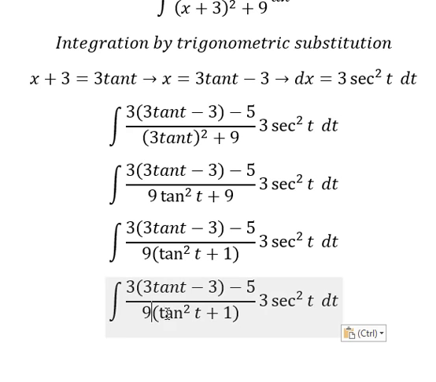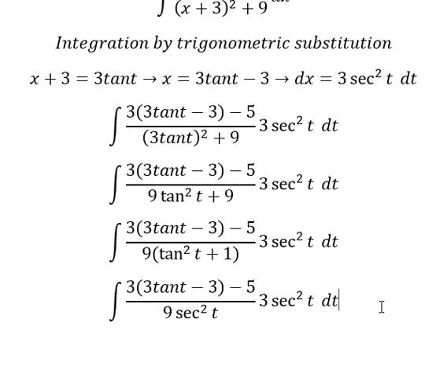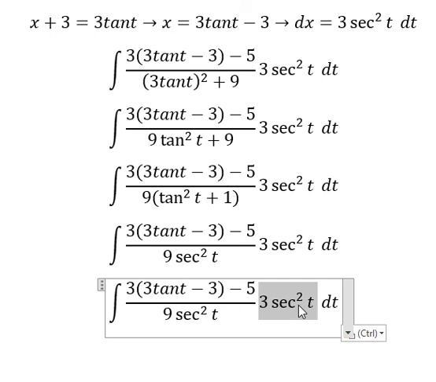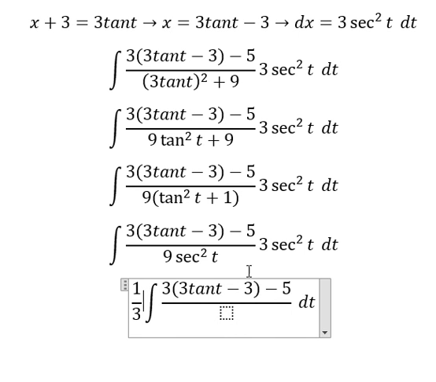So this one, that is secant squared t. Next, we need to simplify on numerator and denominator. And that is 1 over 3.